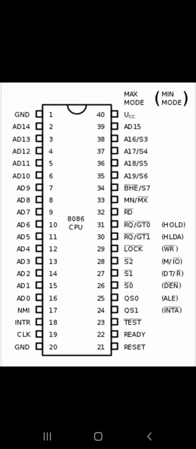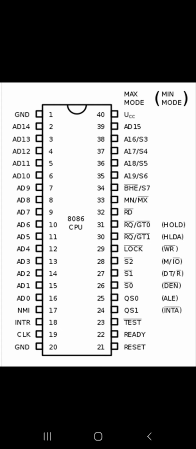So any device which wants the services of the 8086 will request using the pin number 17th or 18th, and the 8086, if it is a yes, will reply back on the INTA bar pin, which is known as the interrupt acknowledgement pin. If INTA bar pin is equal to 0, because it is an active low pin, that means it is on, that means the interrupt has been acknowledged. And if it is 1, it is off, so that means the interrupt has not been acknowledged.